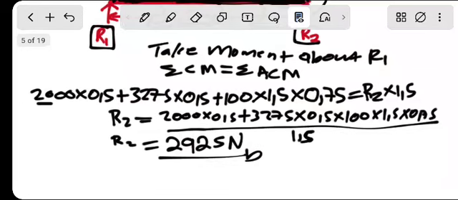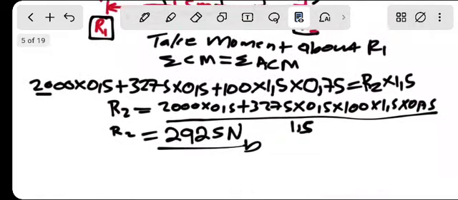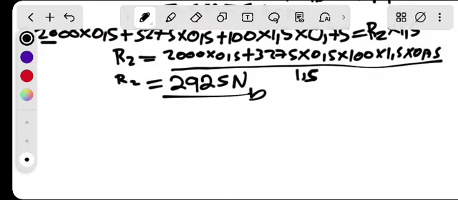We won't change anything here, but we swap this thing around. But okay, let us take the moments again. You can say sum of moments.